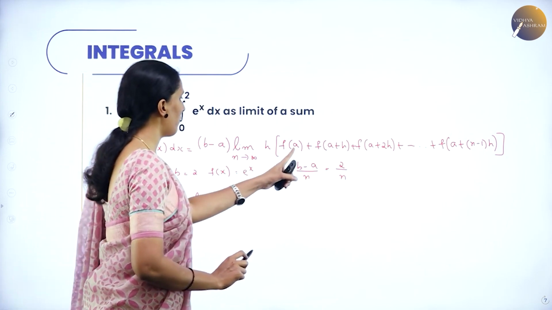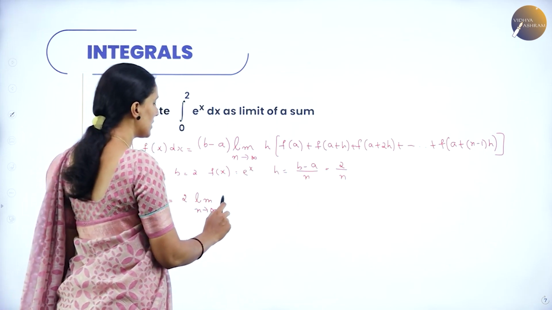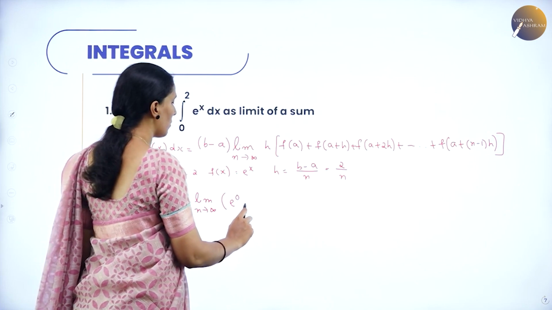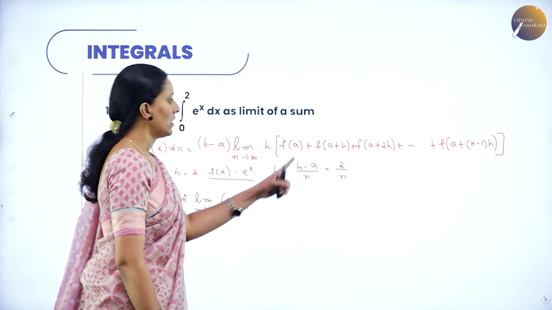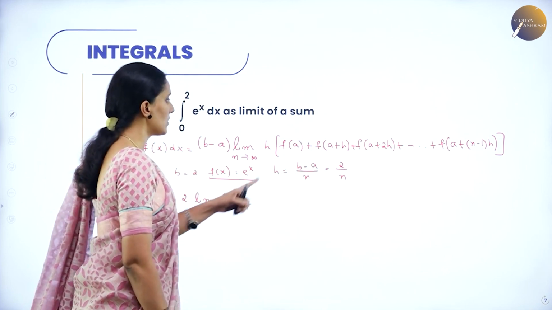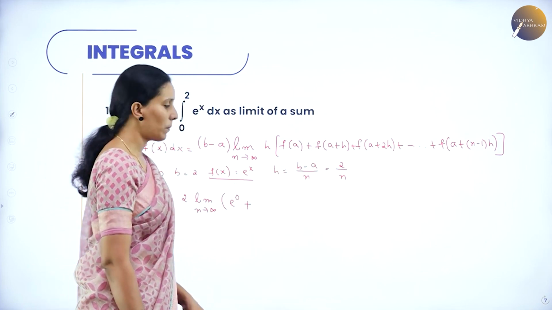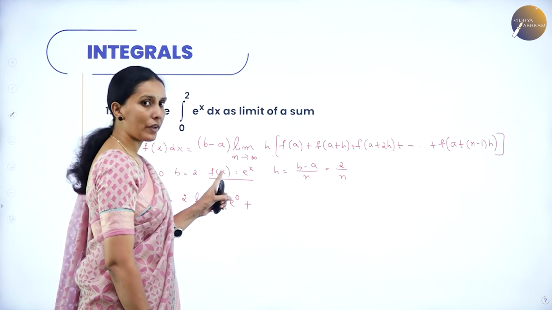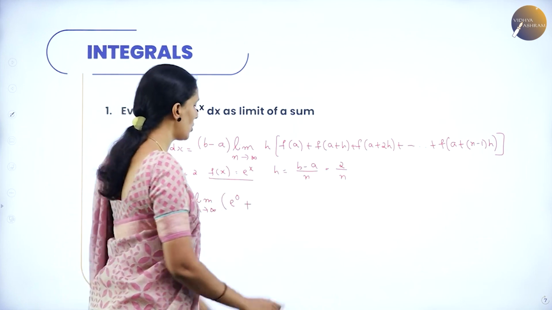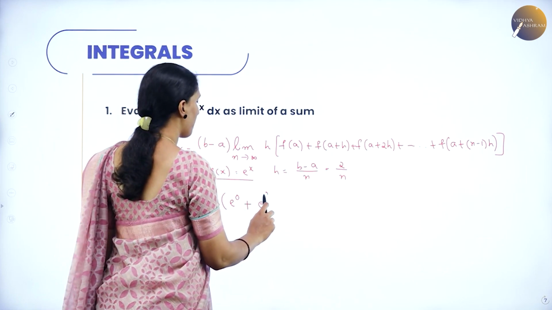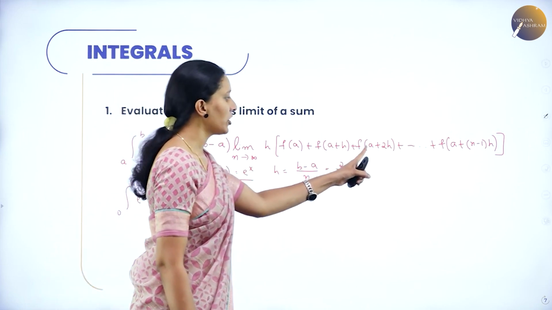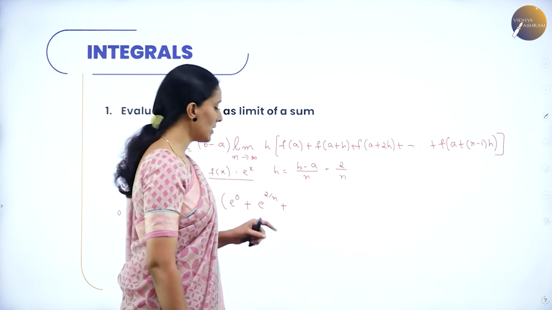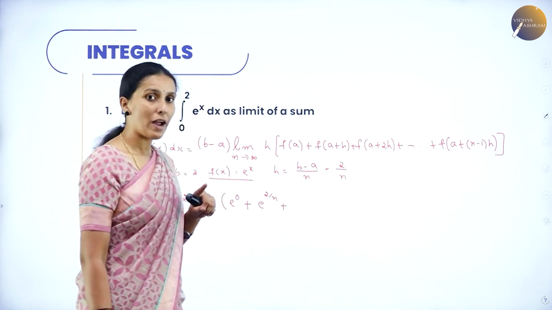So the first one, f of a value is 0, so therefore it is e power 0. Because f of x has to be expressed in e power x. f of a plus h. So a plus h means 0 plus h. So in the place of x you have h. What is h? It is 2 by n. Next plus a plus 2h means 0 plus 2h, which means in the place of x you have 2h.